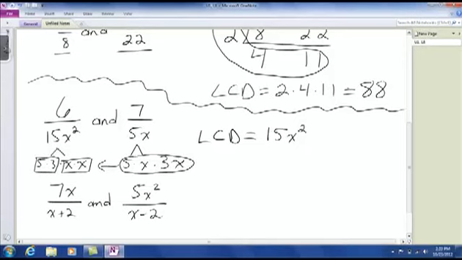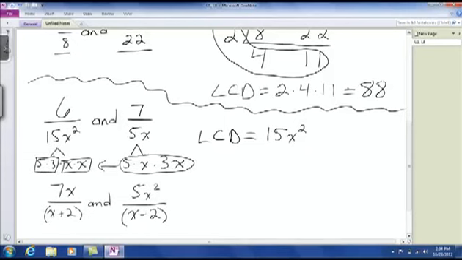We only want to know what we have to do to the bottom of the fraction to make it the same. Well, in this case, I could put parentheses around this. I think it sometimes helps to see them in parentheses. Okay, x plus 2 and x minus 2.